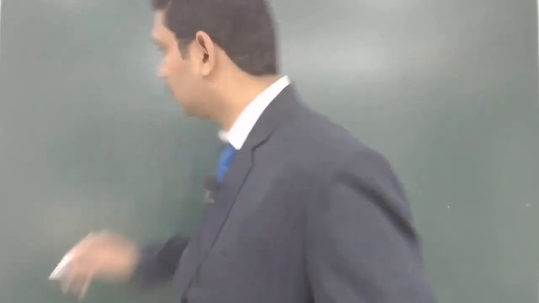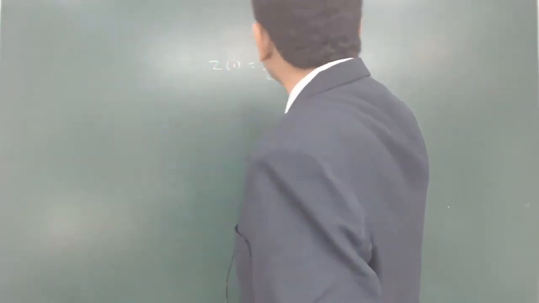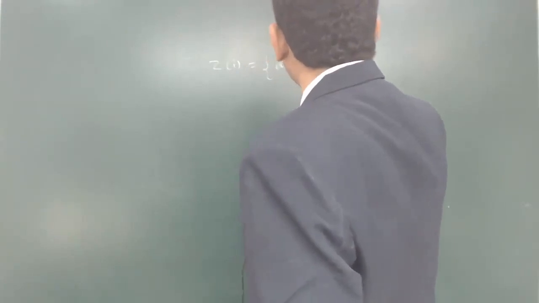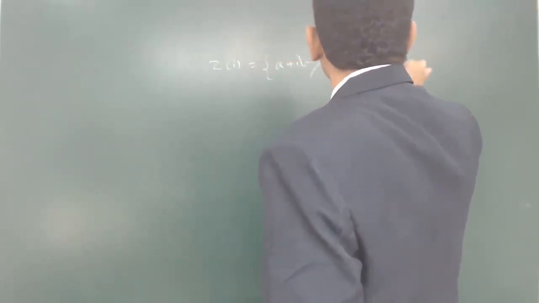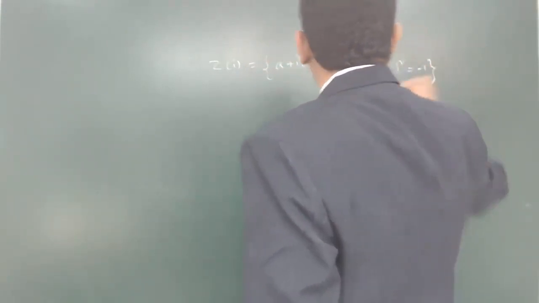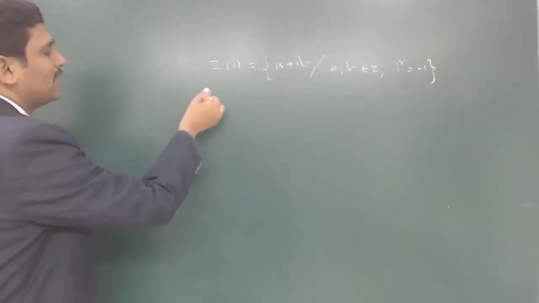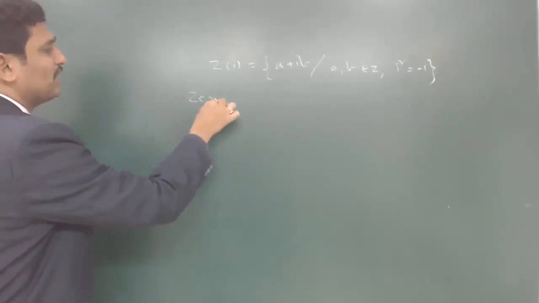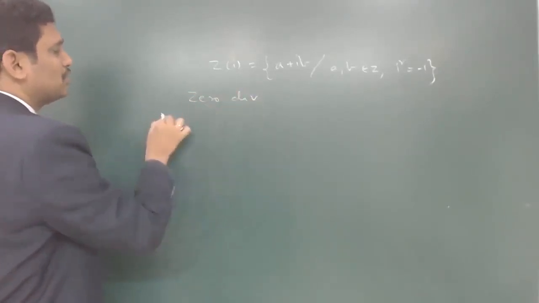Right. So again I write the set Z of i equal to the set of all a plus ib such that a, b are integers, i squared equal to minus 1. Now, what is meant by zero divisor and no zero divisor?